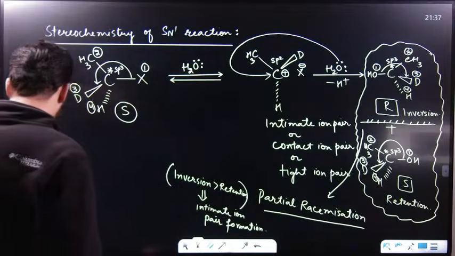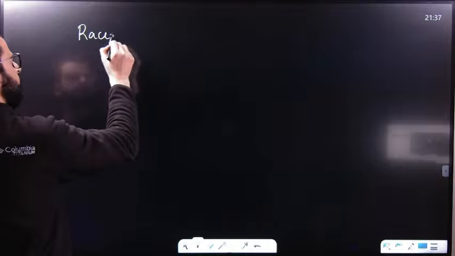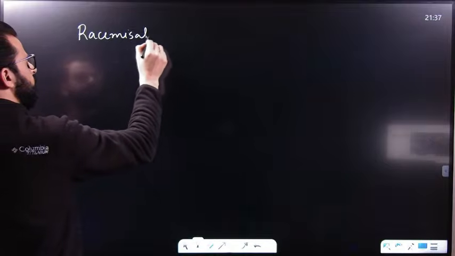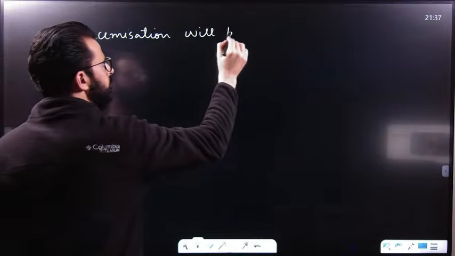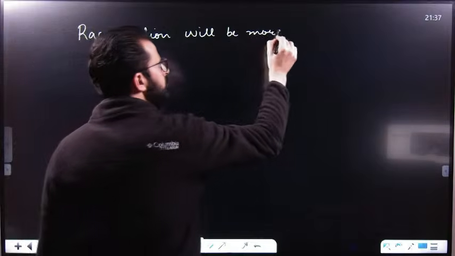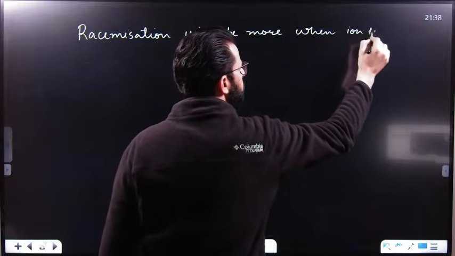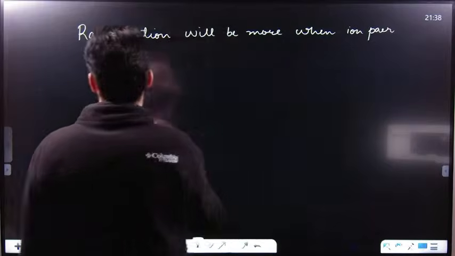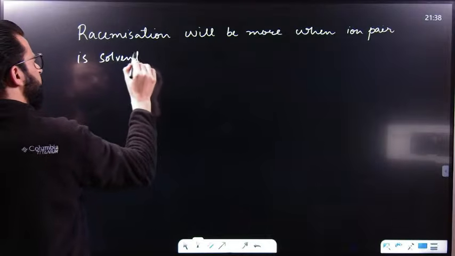So can I say racemization will be more when the ion pair is solvent separated.